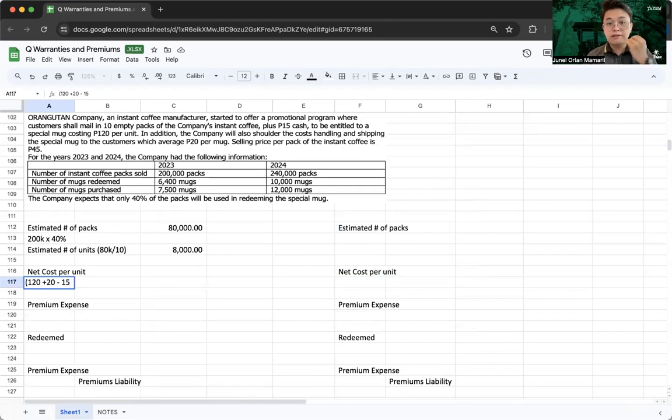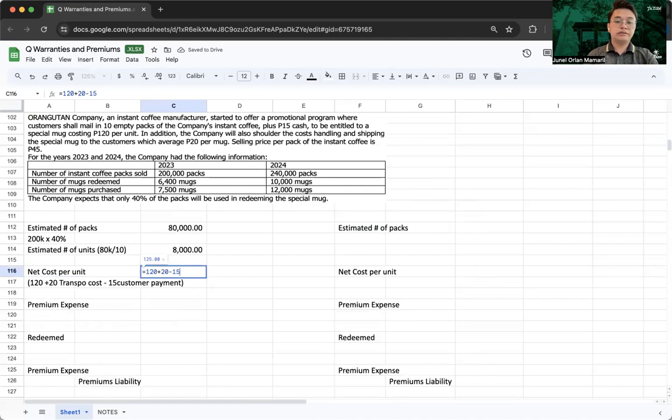Minus to ha, kasi magbabayad si customer. Marireceive natin itong 50. So, 120 plus 20 transfer cost minus 15 customer payment. So the net cost per unit would be 120.